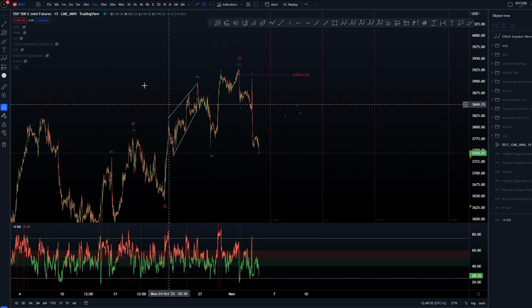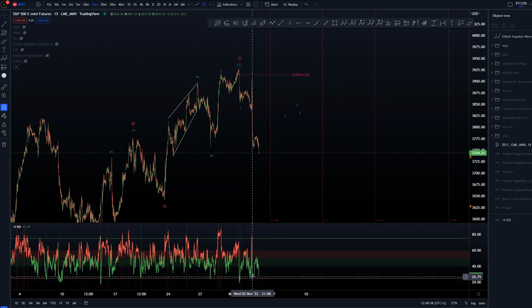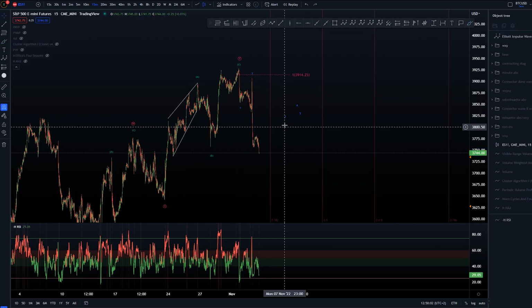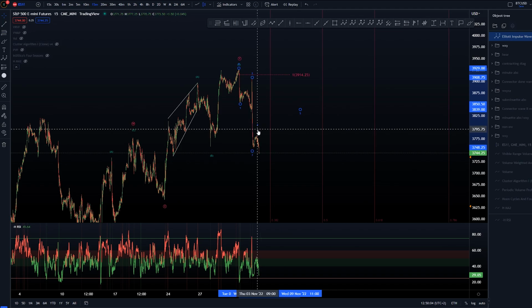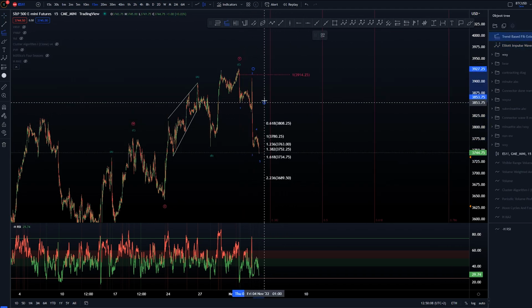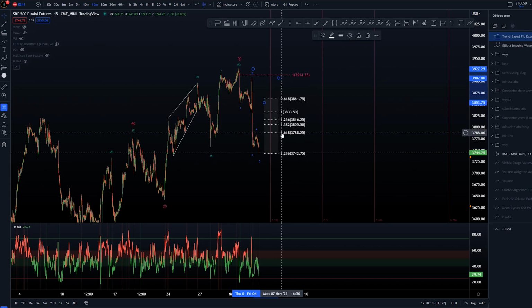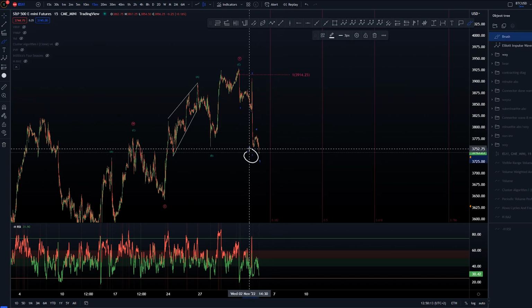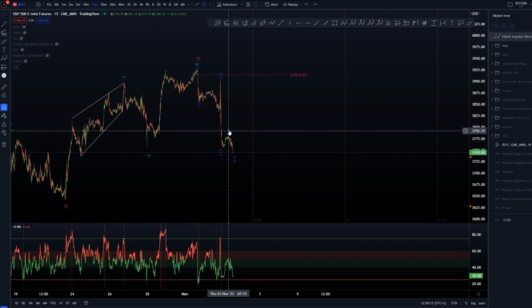However, it's not too much changing at the moment. Again, we do have that divergence between these two lows, so there is a possibility in which this would be a 3, 4 and 5 of this same magnitude, as this third wave here is extended well beyond the 1.618 extension. So that is definitely a possibility.